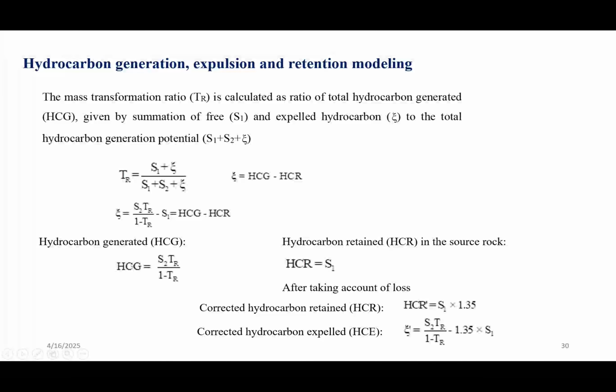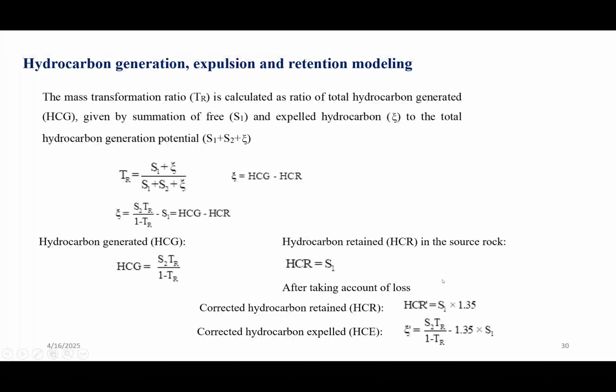So hydrocarbon generation, we determine from this, zeta, this is the expelled amount. Hydrocarbon generated is S2 TR by 1 minus TR, this is the calculation, and then we determine how much retained amount is there. That's equal to the S1 itself.